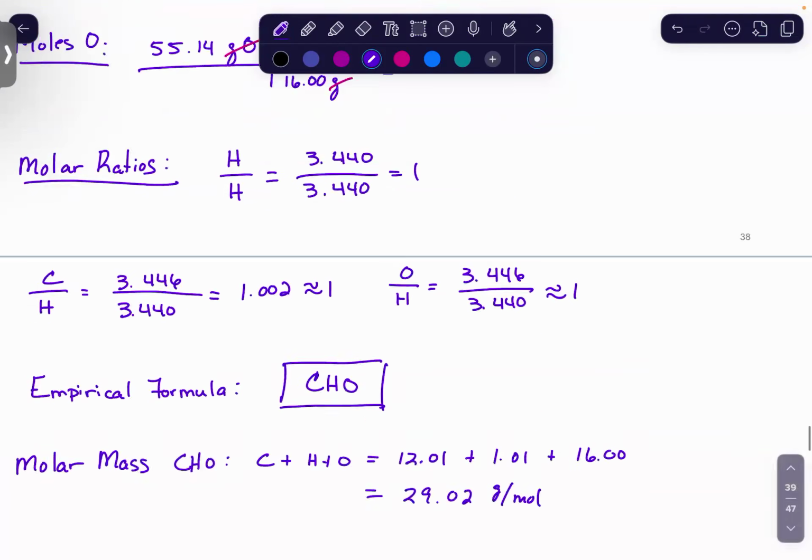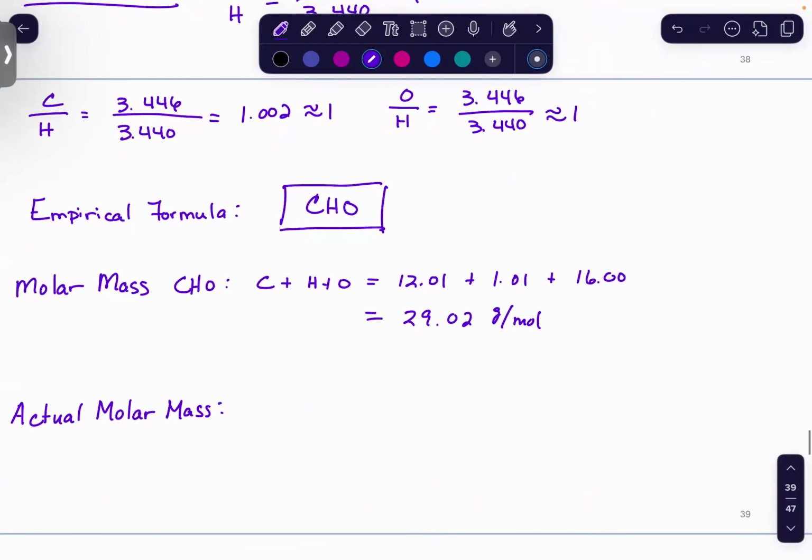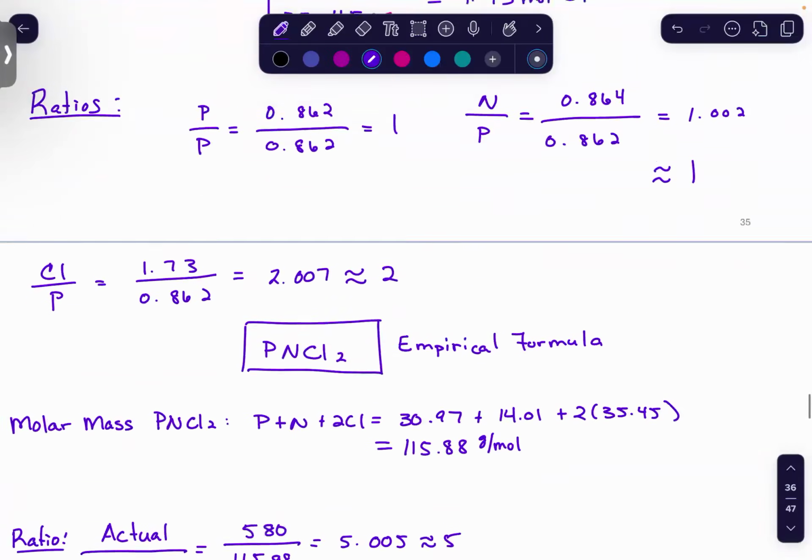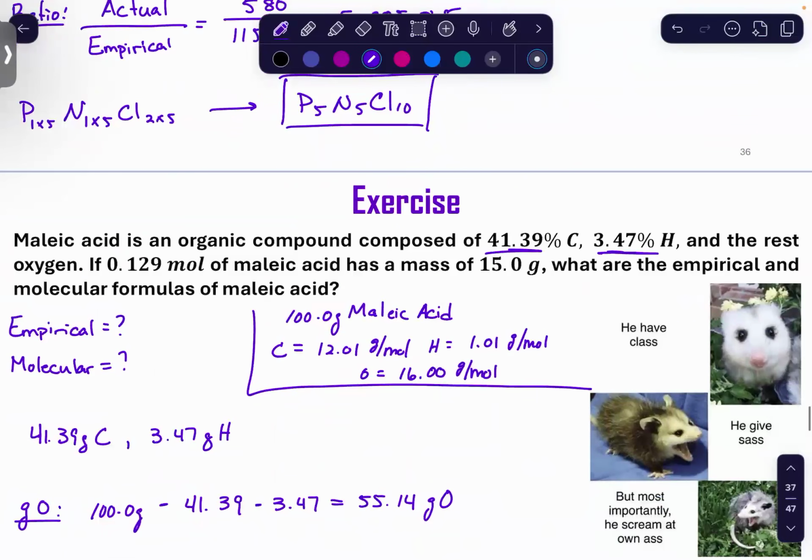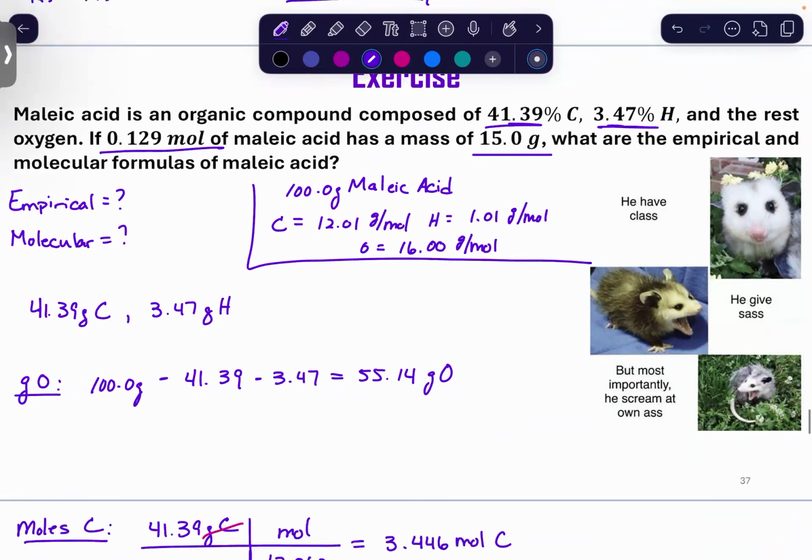Now, how do we find the molar mass of the actual compound? Well, this is where we go back to the definition of molar mass we did at the very beginning of this chapter. Molar mass, remember, is grams per mole. Now, a little trick you can use with chemistry. I'm going to look at what I have and see how I can put them together to get these units. You see that my actual compound is 15 grams for 0.129 moles.